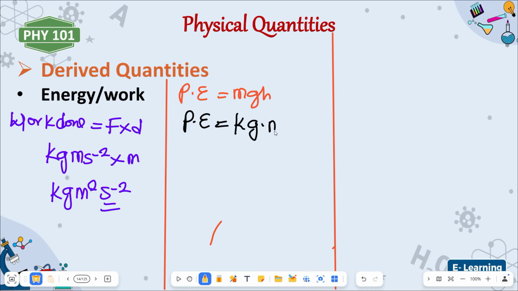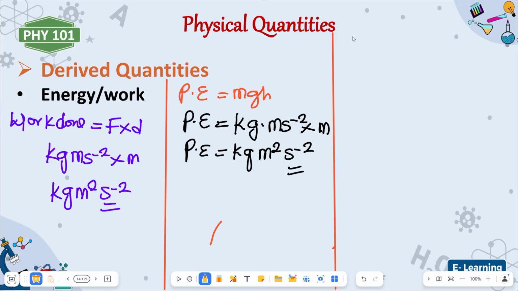Acceleration. So this will become meter per second square. h is height, which is meter. Alright? So potential energy will be kg. Meter times meter gives us meter square per second square. Which is the same thing as what we have here.